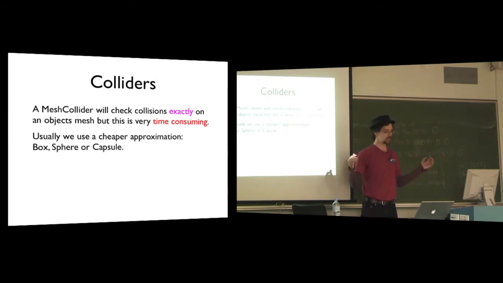What I end up doing is using an approximation. So rather than checking whether a point is exactly inside or outside me, I'll wrap a box around me and say any point that's within this box is close enough to be called a collision. Or if I don't like a box, I might use a sphere or I might use a capsule, depending on the shape of your object.